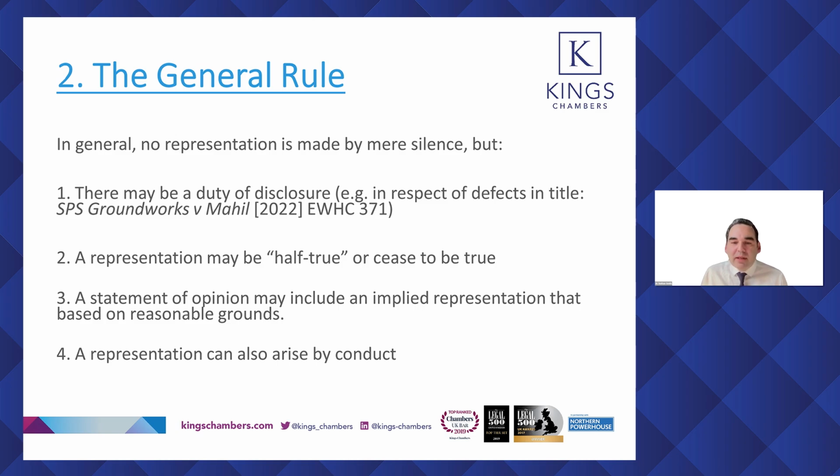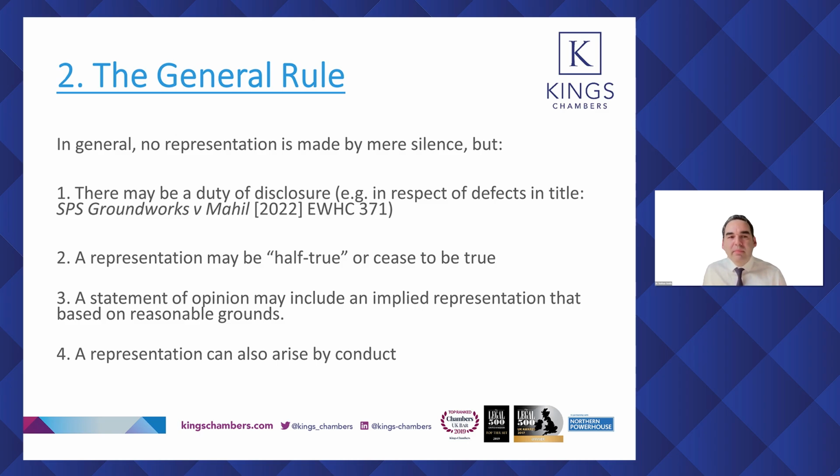Not always, but an example of a case where that implied representation was also found is Brown and Raphael, a 1958 case. That concerned an honest statement made by a solicitor who did not have grounds for making the statement. And the solicitor was held to have made an implied representation that there were grounds to do so. And it was that representation that was false.